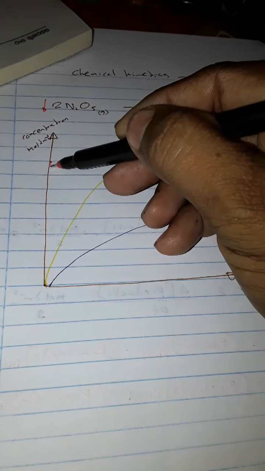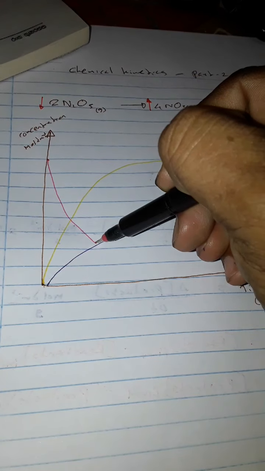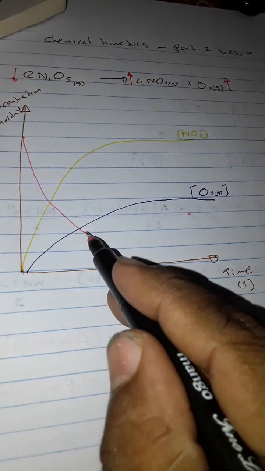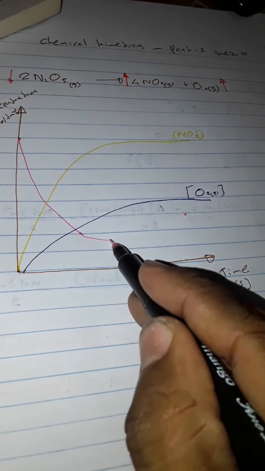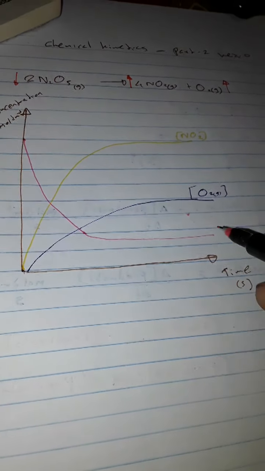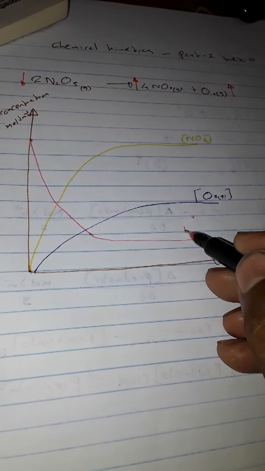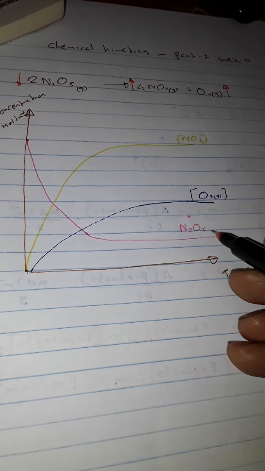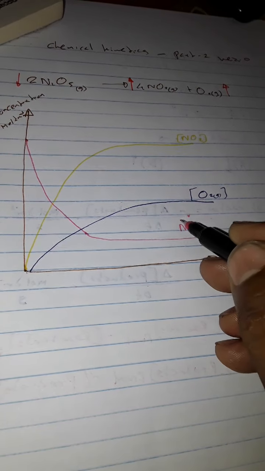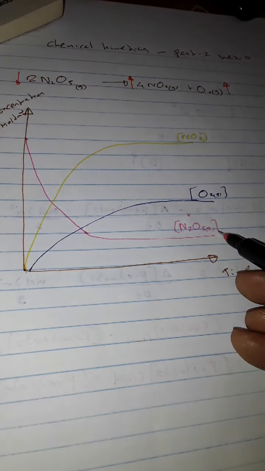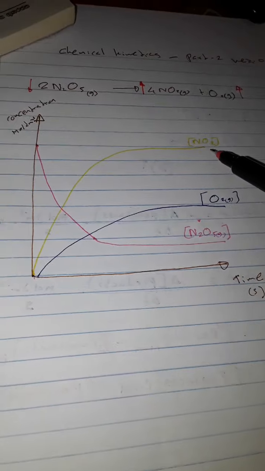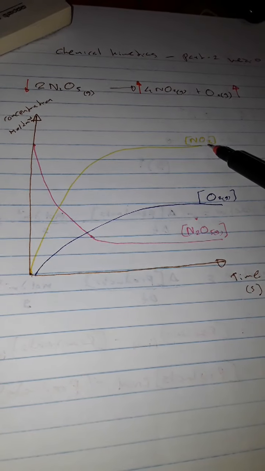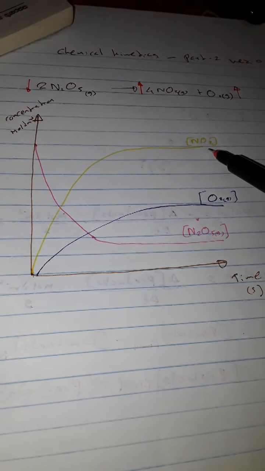With time, the concentration decreases, and finally it comes to a constant level like this. This is how the concentration of N2O5 gas changes.